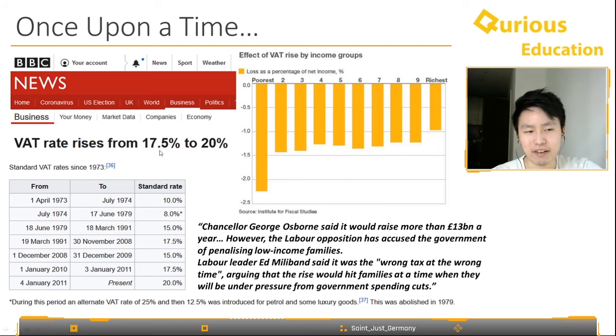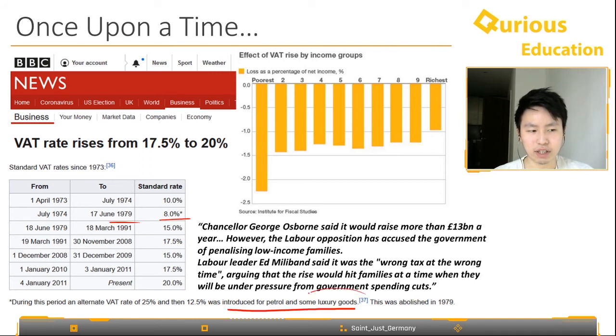Once upon a time, the economy was doing well, and we can see that the government had increased VAT in the past. These are all the different VAT rates in the past, and we can see that VAT used to be quite low in the 1970s or so, and it did not tend to be as regressive as it is nowadays.